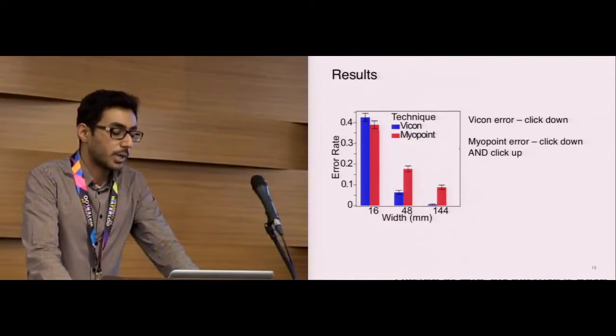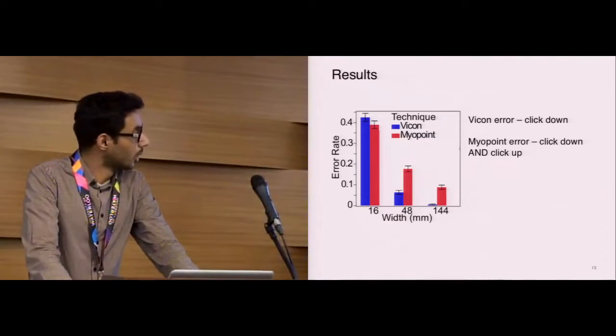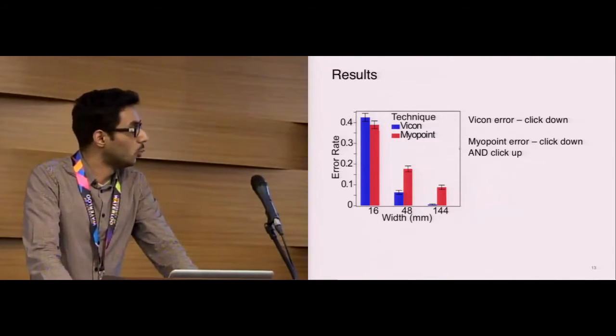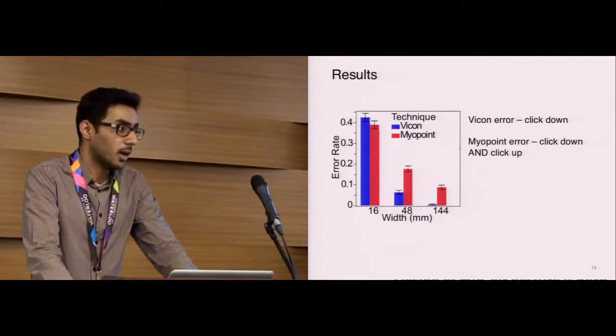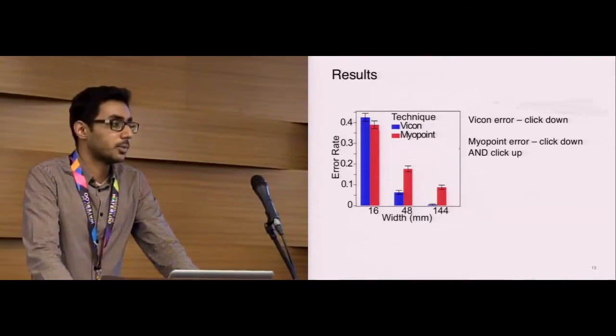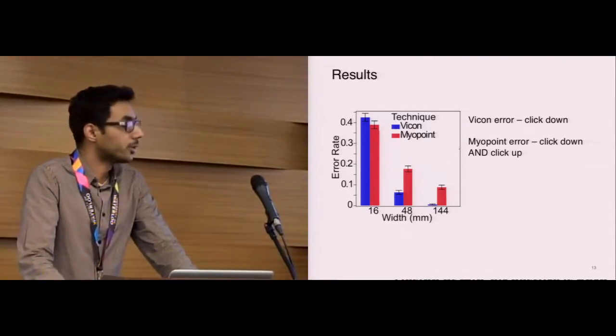But I would like to point out here that Vogel's error results only counted click down, whereas we chose to count click down and click up, which is a much tougher metric. So again, over here we see that these are sort of worst case errors.